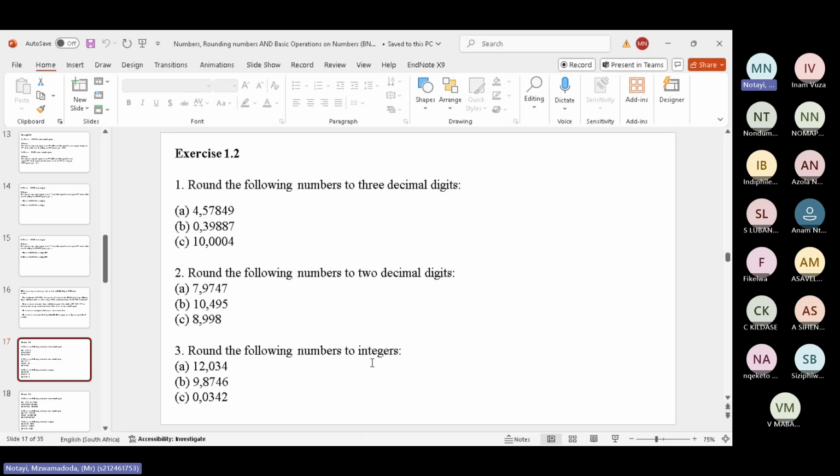A: 4.57849, round to 3 decimal places, and then you have 0.39887, round that to 3 decimal places, and then you also have 10.0004, round to 3 decimal digits as well. Work them out and write them in the chat section for me.